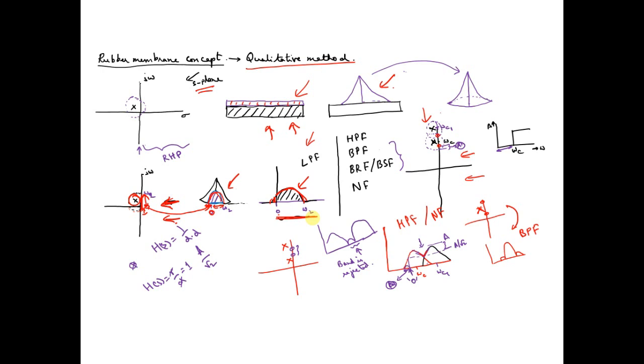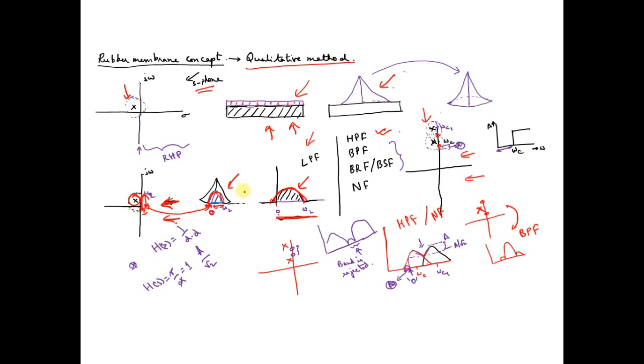These are low frequency components, and just by placing a pole, you have designed a low pass filter. Okay, just without going into any of the mathematics, you have designed a low pass filter. Similarly, when you talk about the high pass filter, where should you place the pole?